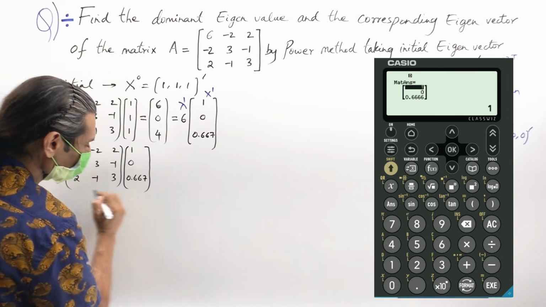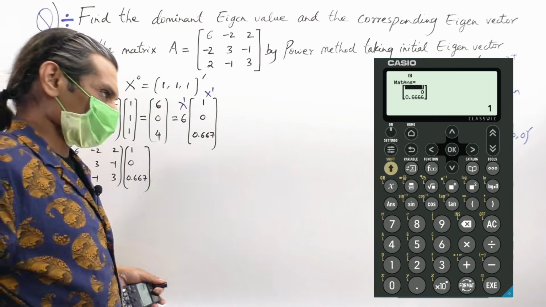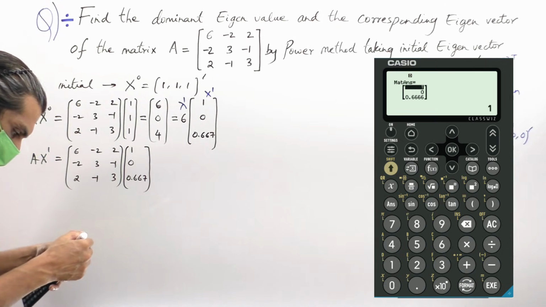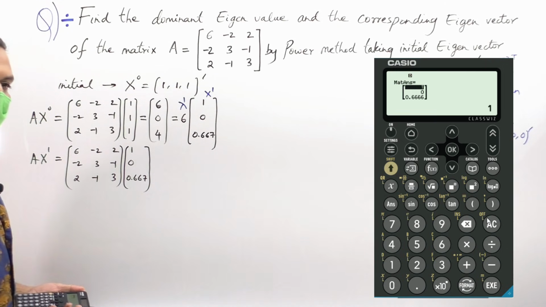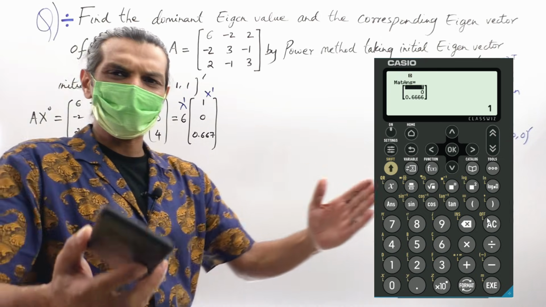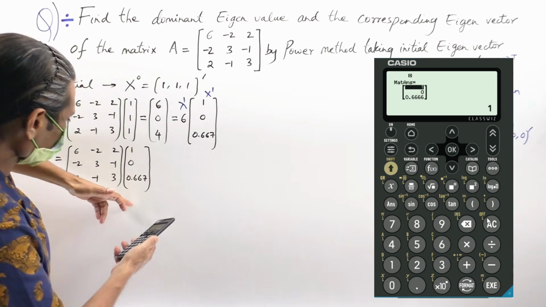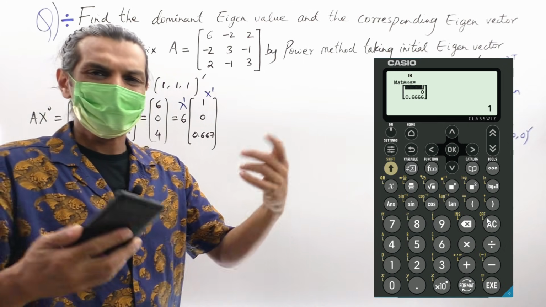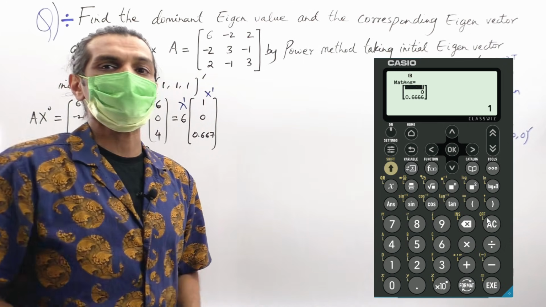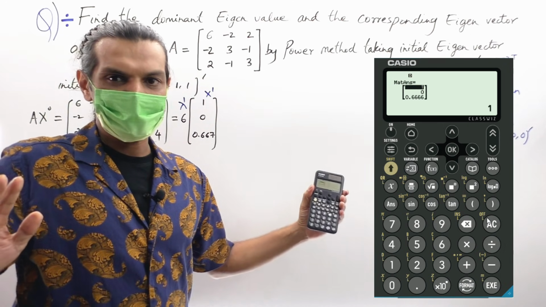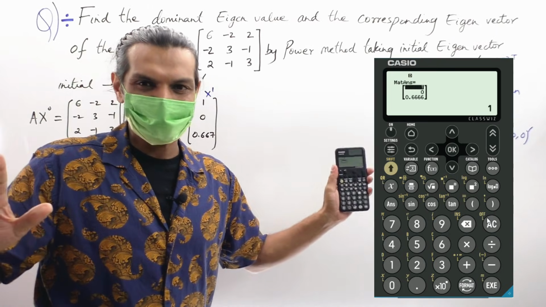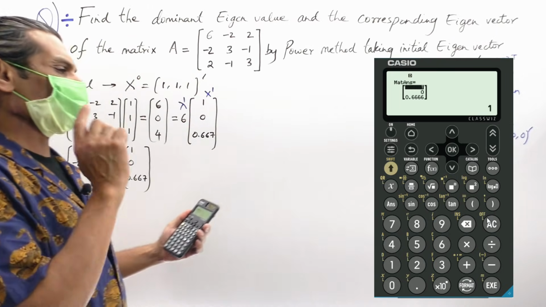You keep on iterating it. Till when? I will explain. So keep on watching. On the calculator, people take this matrix, again enter this matrix 1, 0, and again multiply. It's not required because you're using the scientific calculator. Everything is given here. You only need to work smartly.